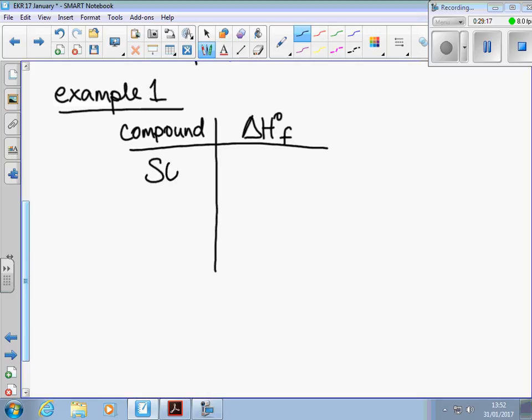We're going to look at sulfur dioxide as a gas, because that's its standard form, hydrogen sulfide as a gas, because that's its standard form, and water as a liquid. And the enthalpy change of formation here, when you form sulfur dioxide, from which elements?